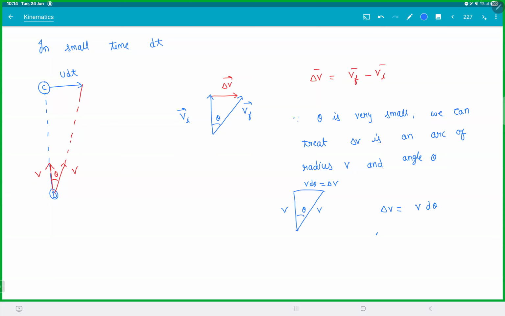Divide both the sides by time. So delta v by delta t, which is small dt, will be v d theta by dt. Delta v by delta t becomes acceleration. What about d theta by dt? Again, from here you can clearly see tan theta is the opposite side, ut, by L. For small angles, I can treat this as theta.